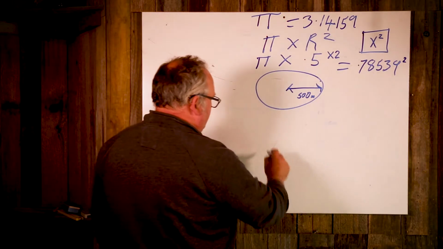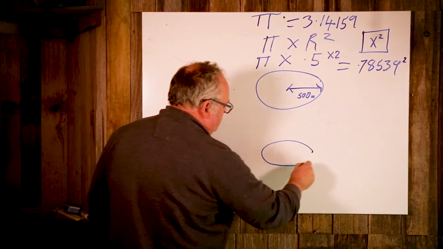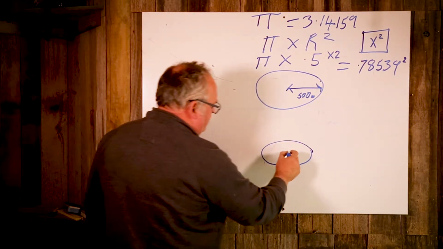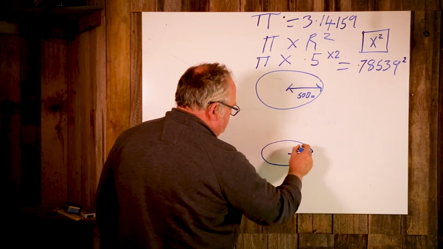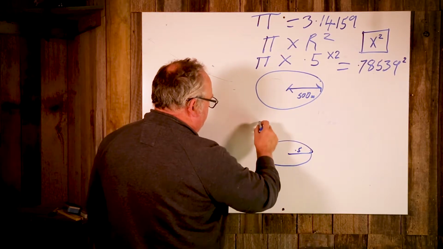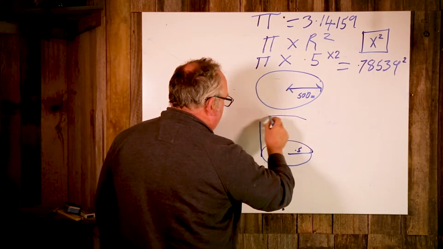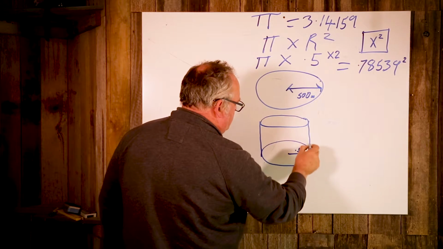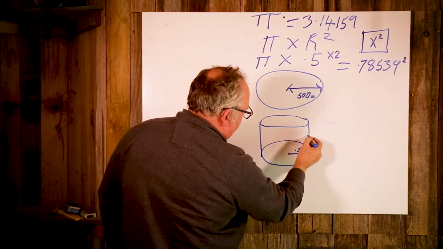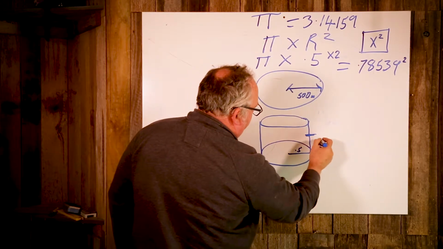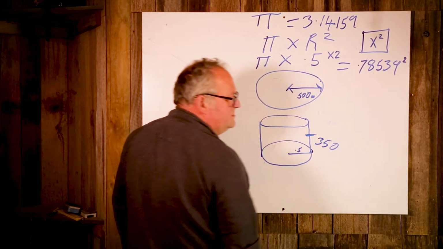Okay, so let's have a look at it in another way. So our circle with that 0.5 here, and we're going to fill it up with concrete up to 350.